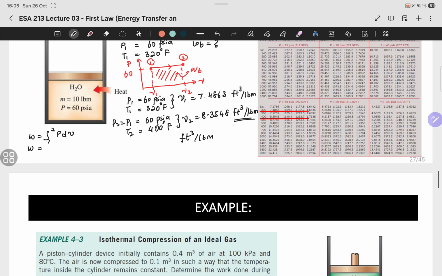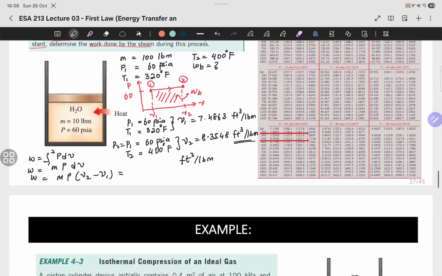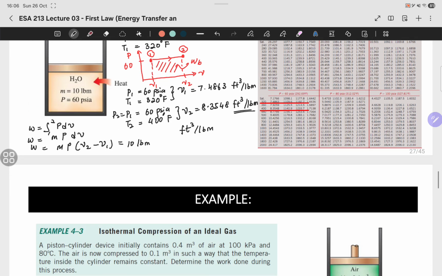So W equals mass times P dV, or mass times P times (V2 minus V1). m equals 10 lbm, pressure is 60 psia, and V2 is 8.3548 minus 7.4863 feet cubed per lbm.